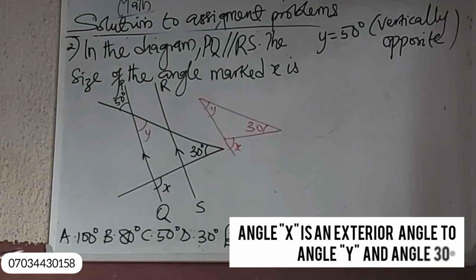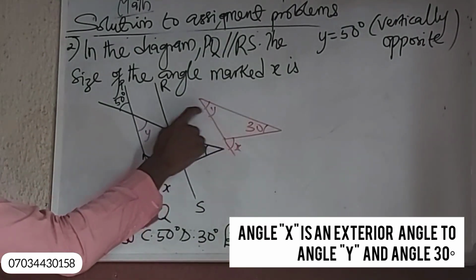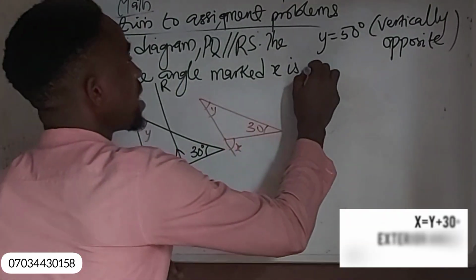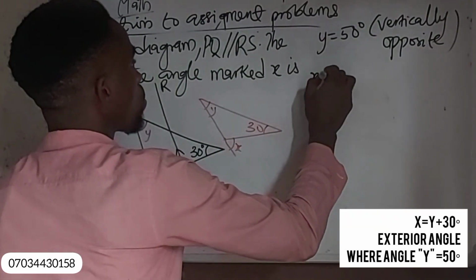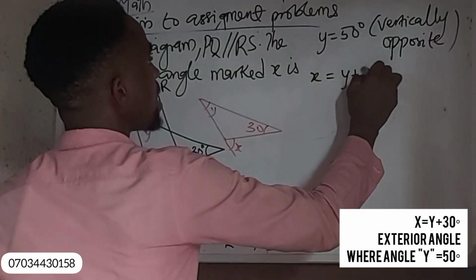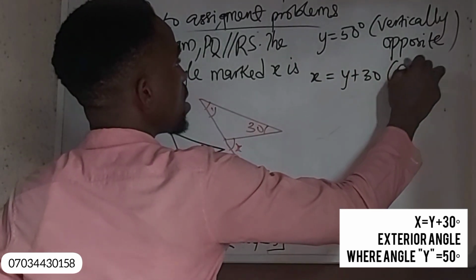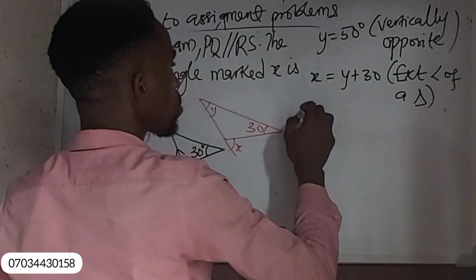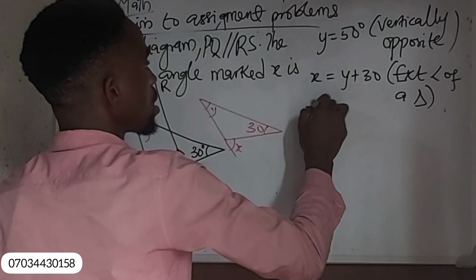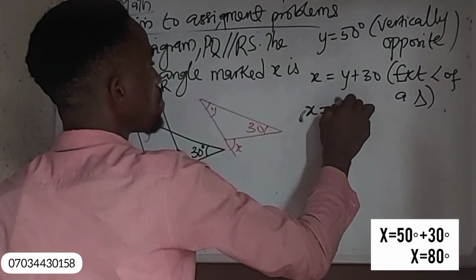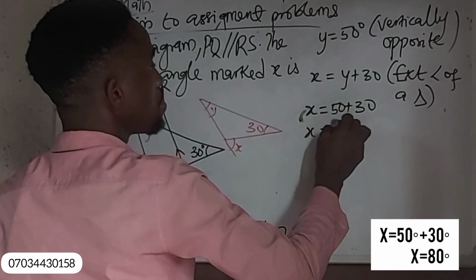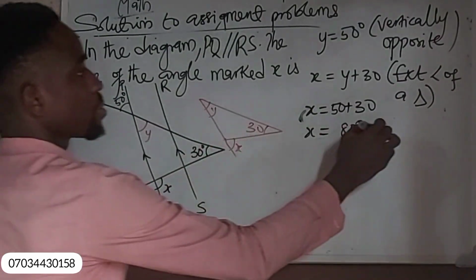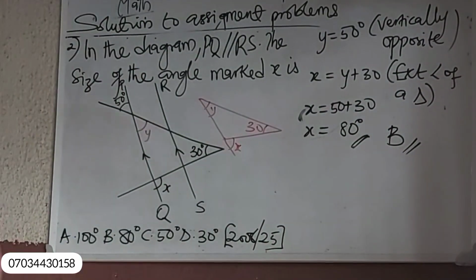So we can see that x is an exterior angle to these two. So we go ahead and say that x is equal to y plus 30. This is the exterior angle of a triangle. So x is equal to 50 plus 30. x is simply 80 degrees. So the answer is there. Only 80 degrees.